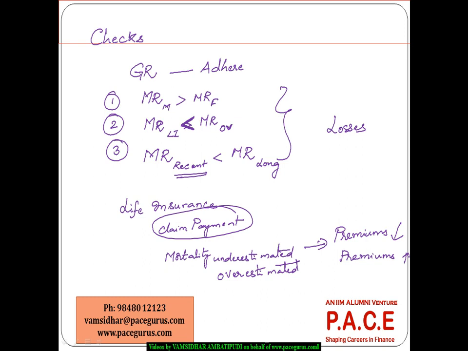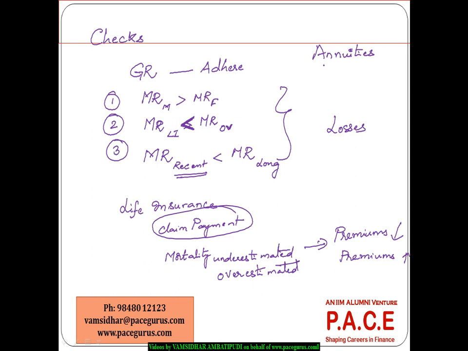So the proper understanding of the graduated rates and the calculations is more and more essential to make sure that the mortality rates are neither too low nor too high, because both of them are a complication for the insurance company.